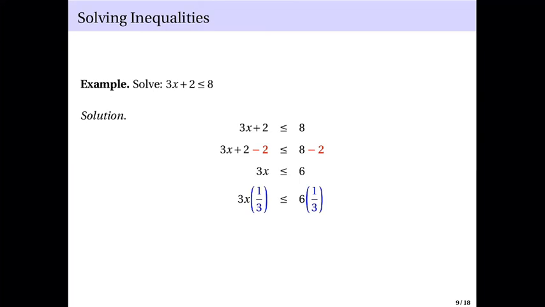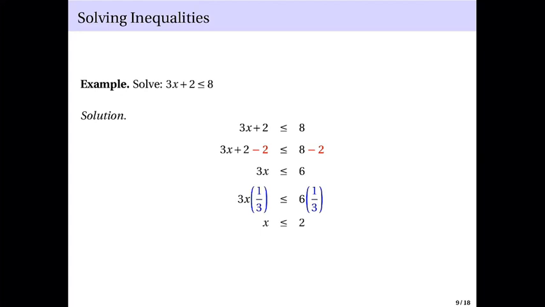So you will not change it. So you see, here we don't change the inequality. And then we simplify this, and we will obtain x less than or equal to 2.